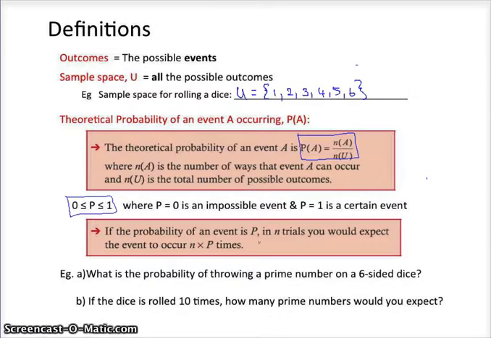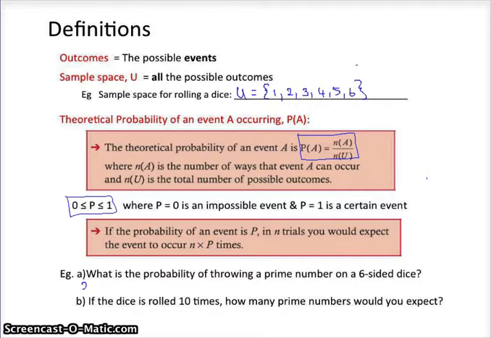You can also calculate how many times an event would be expected to occur if you repeat a trial a number of times. You just multiply by the number of trials. So the probability of throwing a prime number on a 6-sided dice.